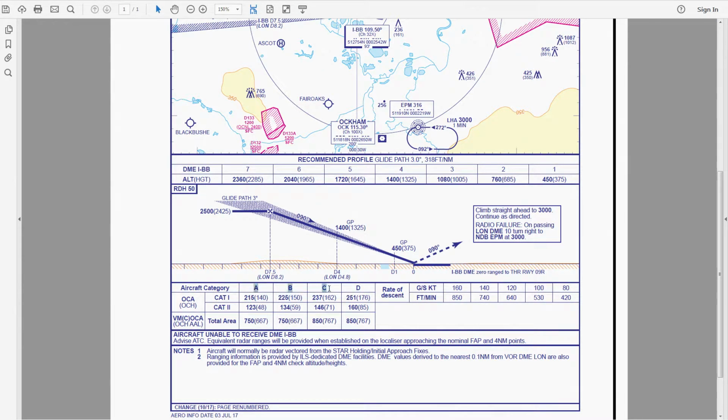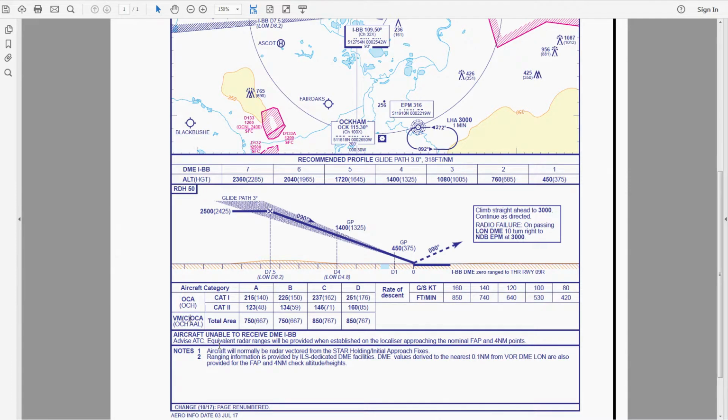Aircraft category I explained, so that's very, very simple for you guys to understand. OCA, OCH is just elevations. So it's obstacle clearance altitude, obstacle clearance height. You can see the difference is the threshold difference. So it's 75 feet. And that's for different category aircraft. Don't worry about that just yet.